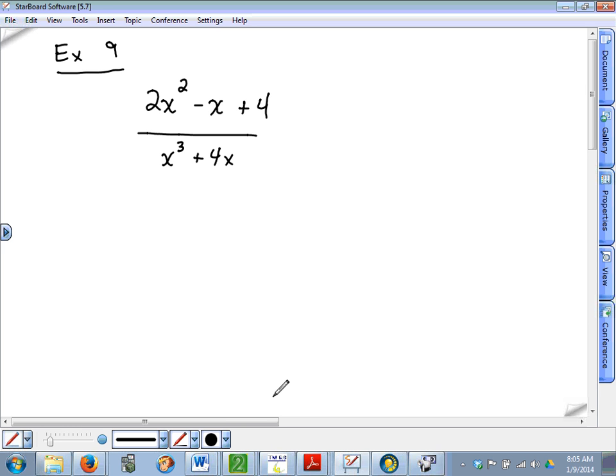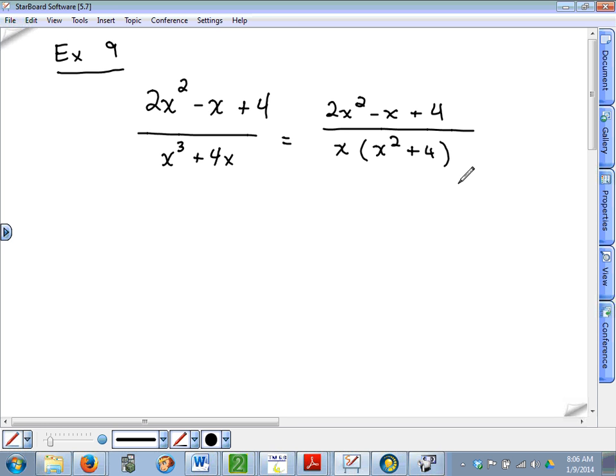Well, what is it? Irreducible? This can factor. This is not irreducible yet. So if you factor out an x, now consider what we have.